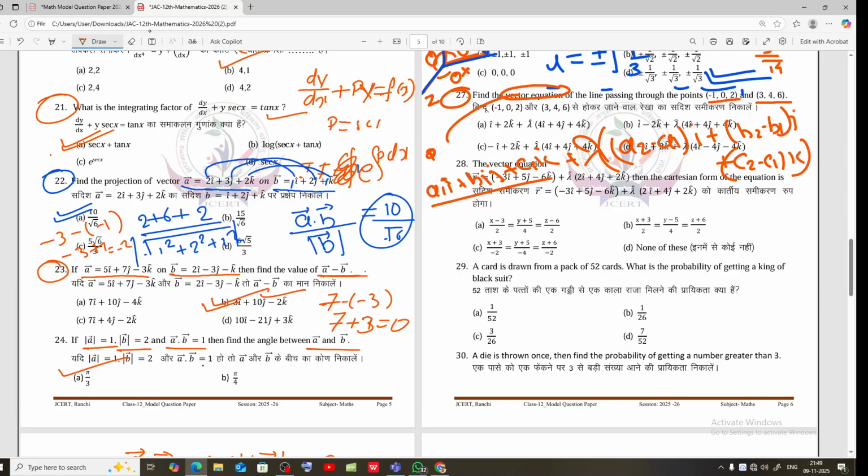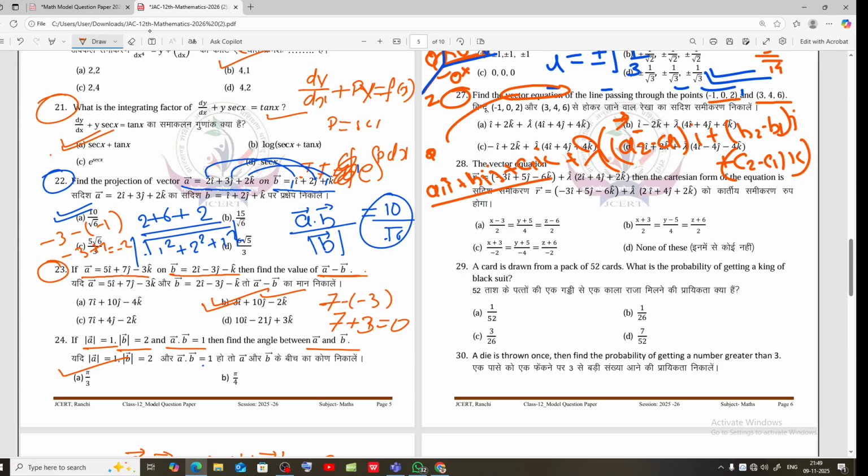A, B, C means minus 1 i cap, 0 j cap and 2 k cap. Look at the options. Option B is minus i j cap.